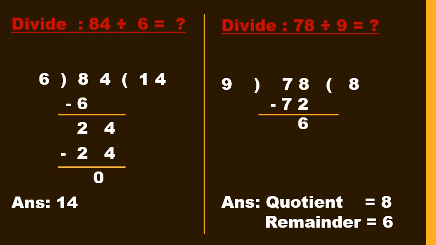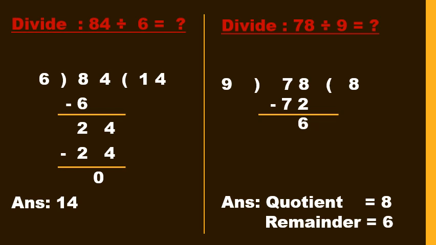So girls, we cannot take 81 because it is greater than 78, right? And we cannot subtract a bigger number from a smaller number, right? Because in division, we only apply the simple subtraction method. So we are going to take 9 8s are 72.